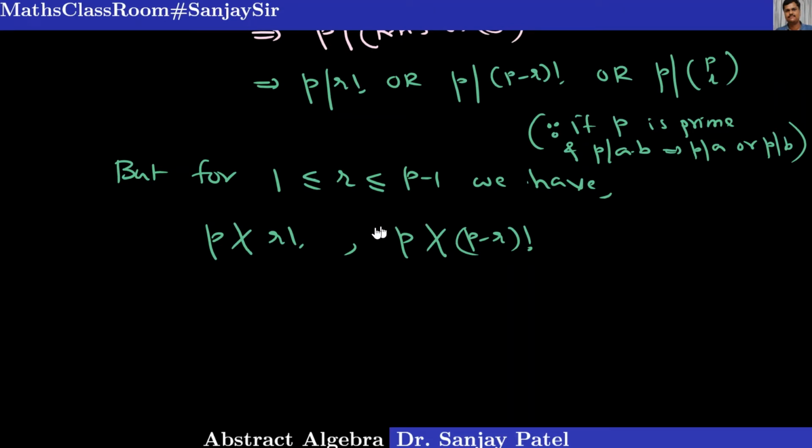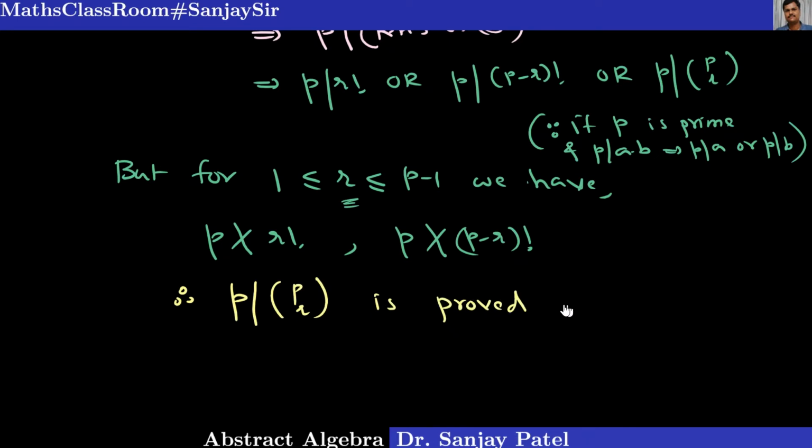These are all integers which are less than p, so p cannot divide any of these by the same type of arguments. This is a known fact. So the only possibility is that p divides pCr, which is proved.